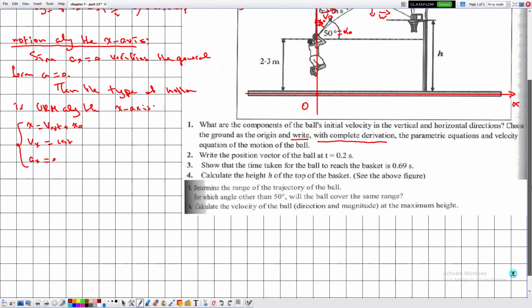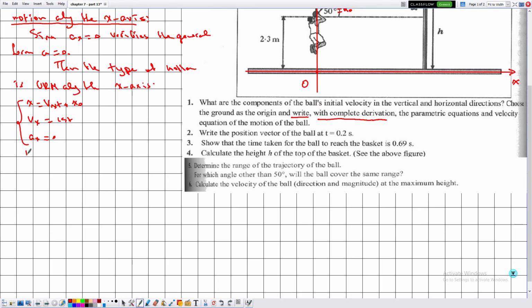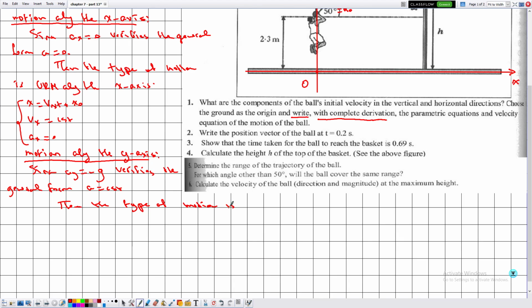Now, as for the motion along the y-axis, we have that since ay is equal to minus g verifies the general form, a is equal to constant, then the type of motion is UVRM along the y-axis.